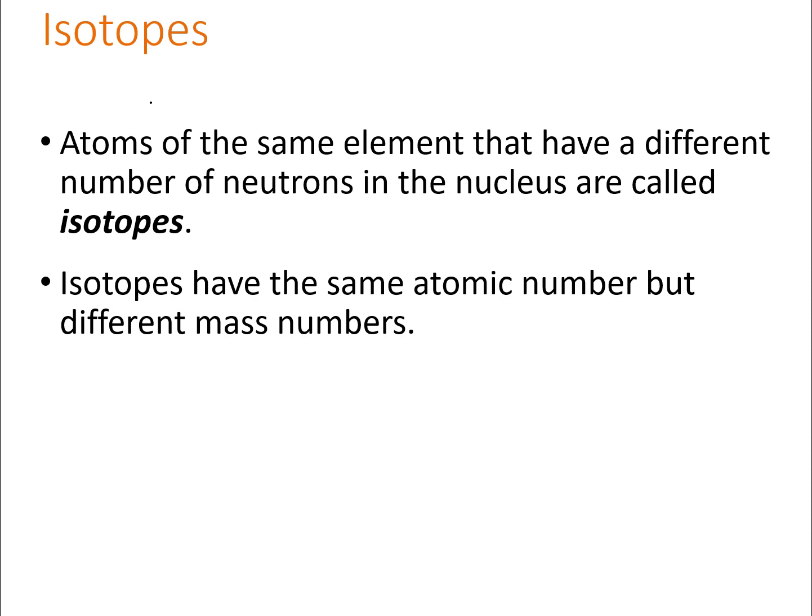One example would be magnesium, there are actually 3 isotopes of magnesium. Magnesium 24, magnesium 25, and magnesium 26. This is another way to represent an isotope, using the element name or the symbol with a dash, and then writing the mass number.